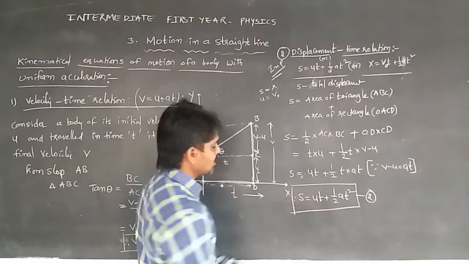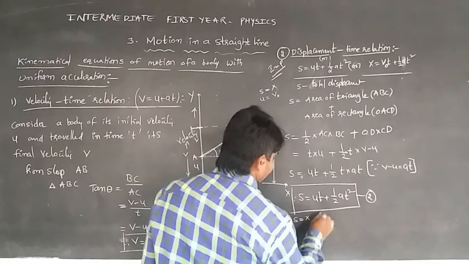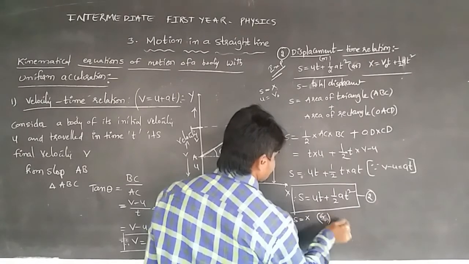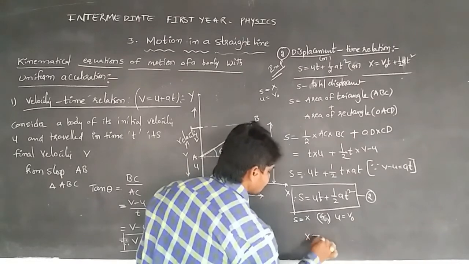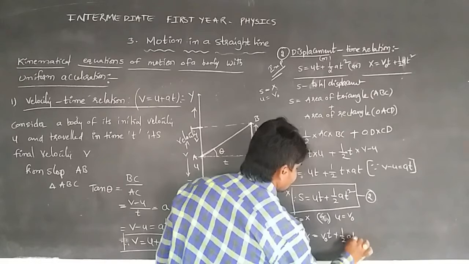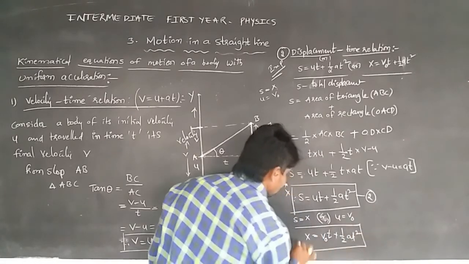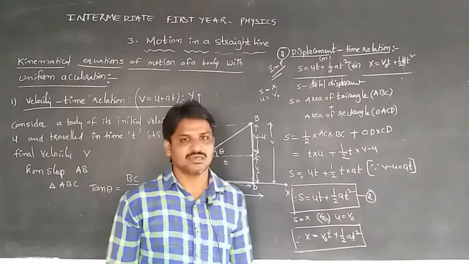By substituting, when s is equal to x and u is equal to v naught, we can write x is equal to v naught t plus half a t square. This is also the equation for the displacement-time relation.